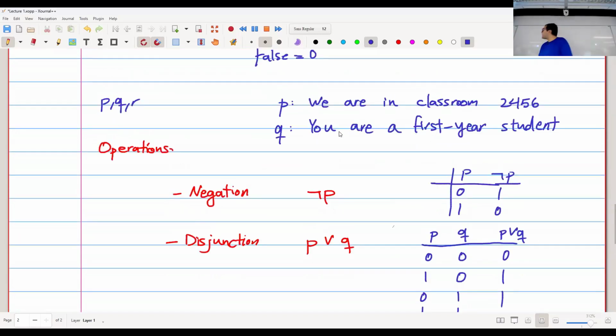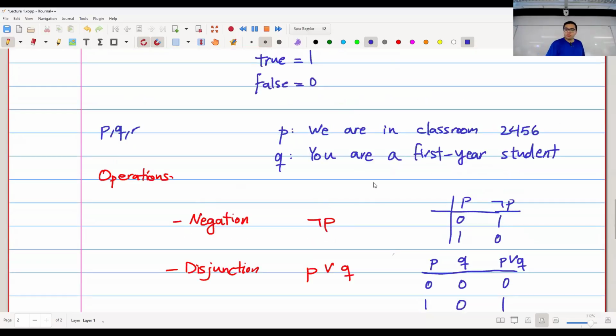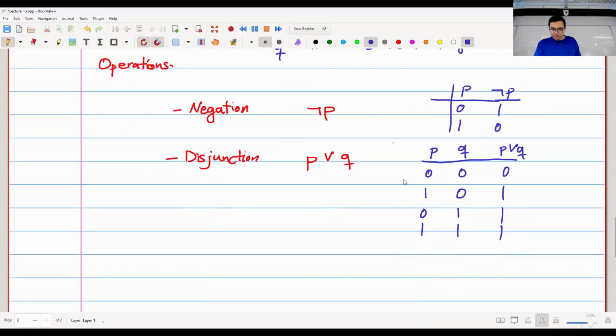So if we are in classroom 2456, but you are not a first-year student, then if I say that we are in classroom 2456 or you are a first-year student, I'm saying a true sentence. The same thing happens if the other one is true. But now, if both of them are true, again, the result of the disjunction is true. So when I say we are in classroom 2456 or you are a first-year student, if both of them are true, what I said is still true. Okay. So this is what we call disjunction, or basically this is logical OR.